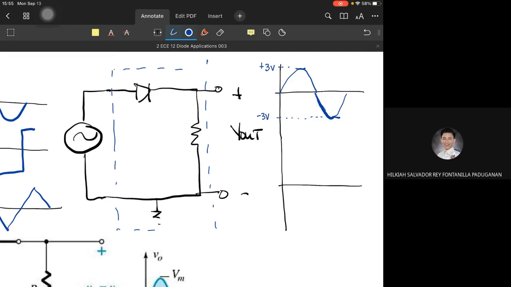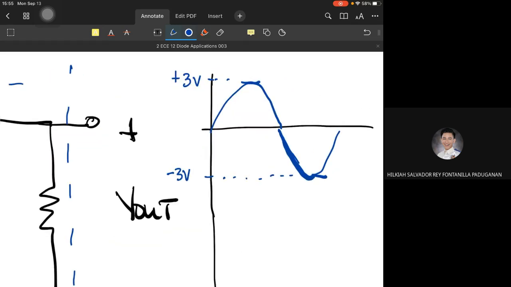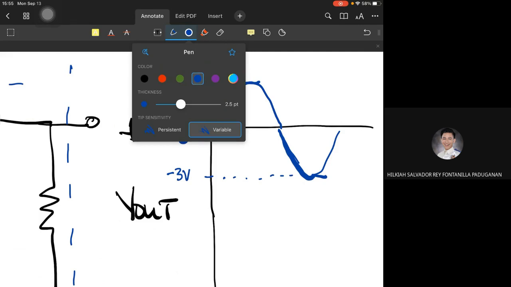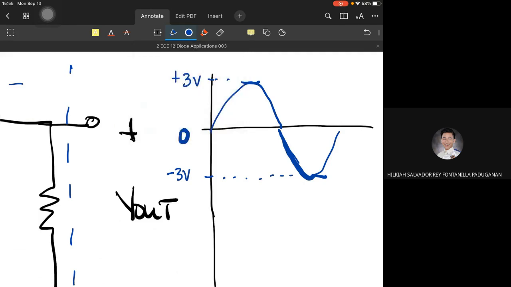Remember again that the purpose of the diode is to pass through signal or voltage levels above 0.7. If this is 3 volts right here and this is 0, maybe the 0.7 is somewhere here.